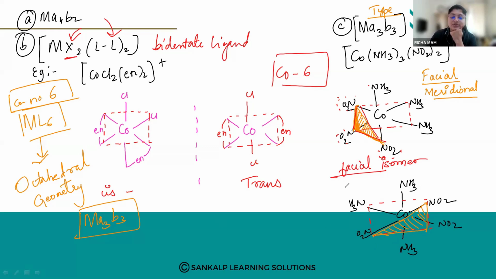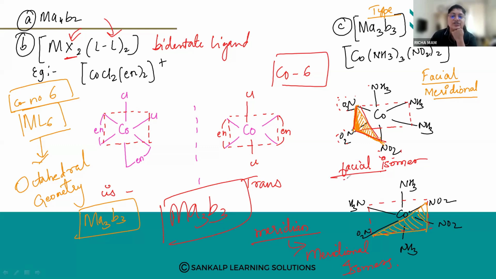If they occupy the meridian of the octahedral, they give rise to meridional isomers. So whenever you have the MA3B3 type, they will show facial and meridional arrangement, not cis and trans.